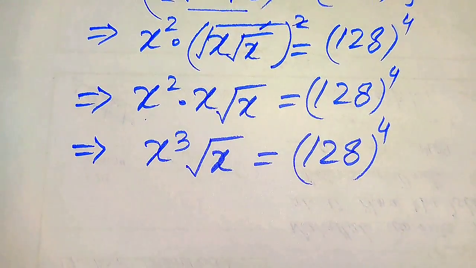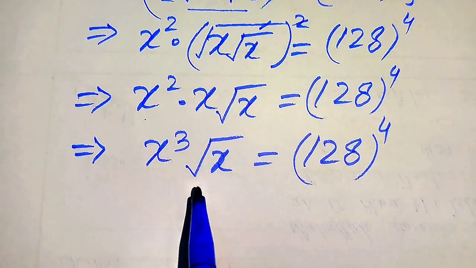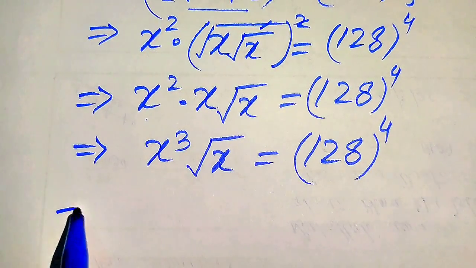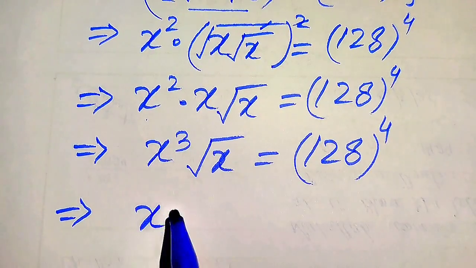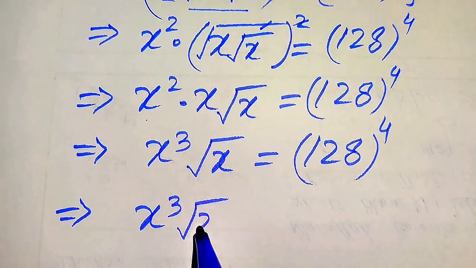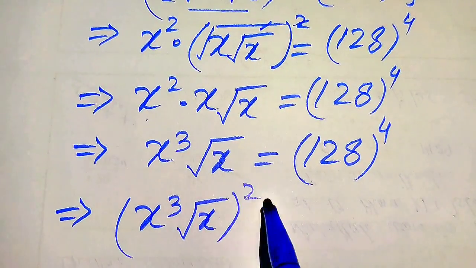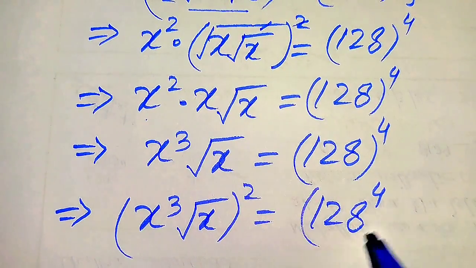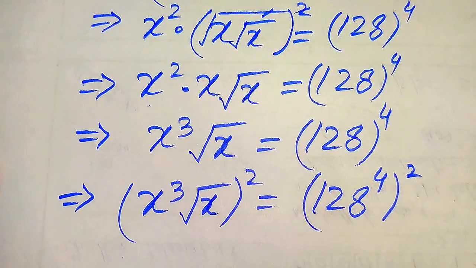So here, in order to remove this square root sign, we again take squaring on both of the sides, and it will be written as x cubed into square root of x and its whole square is equal to 128 and its power 4 and its whole square.